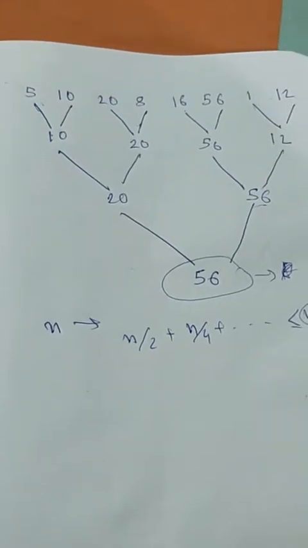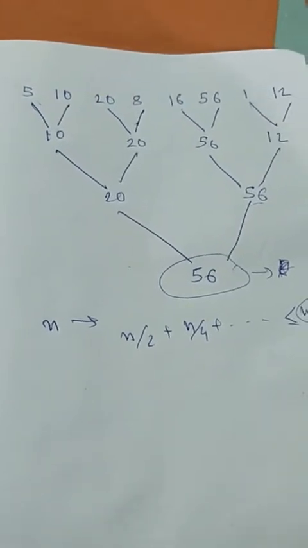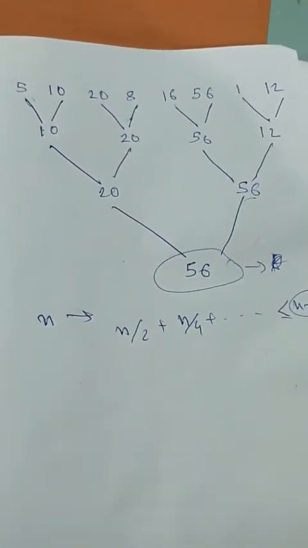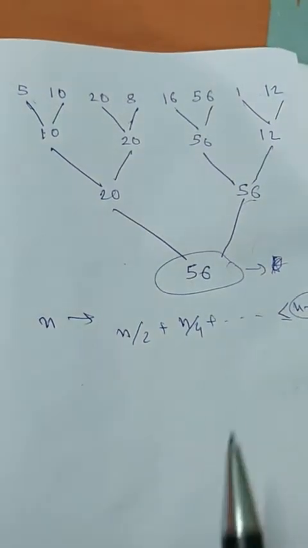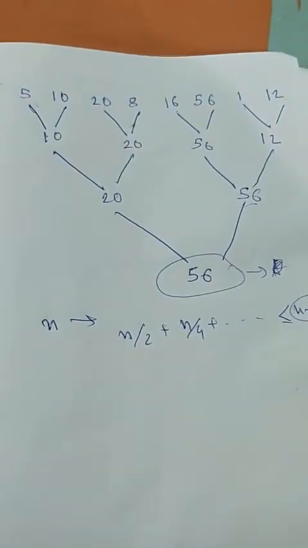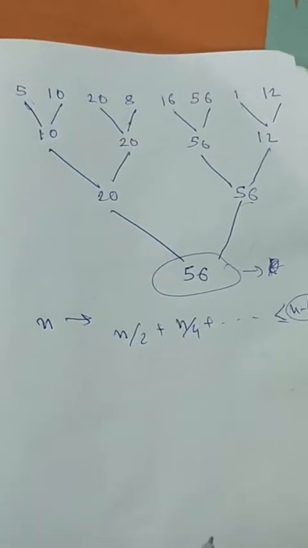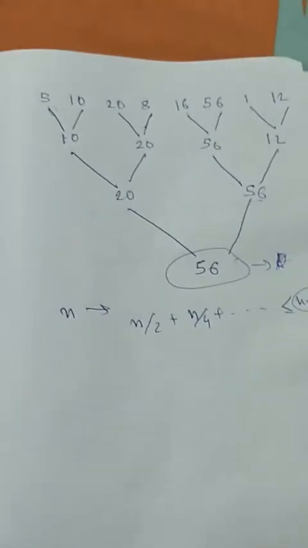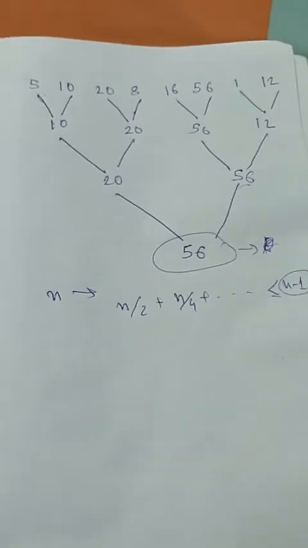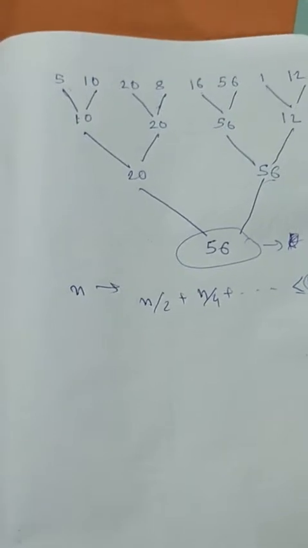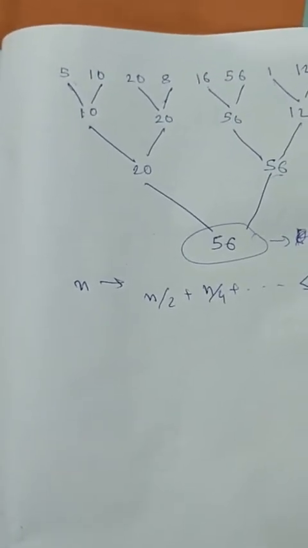Now what we need to do, so where is my second maximum? The second maximum must have lost to 56 somewhere. So we have to check all numbers that have lost to 56 somewhere.